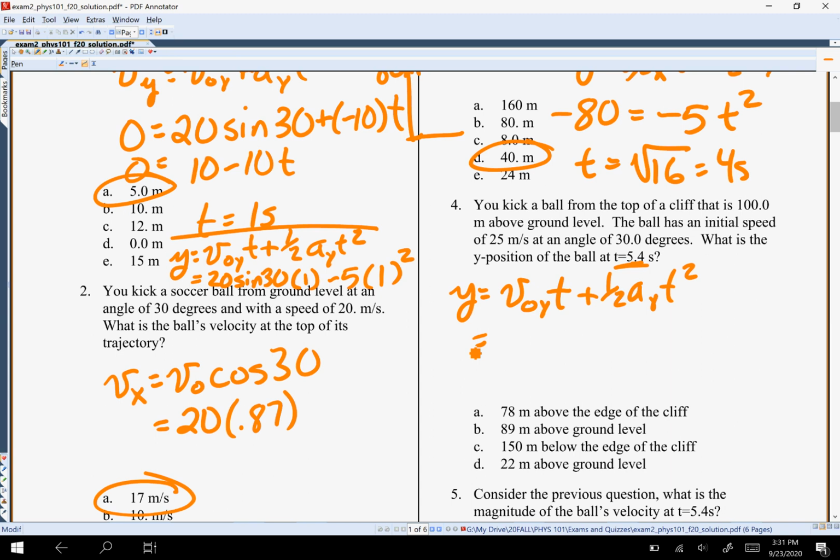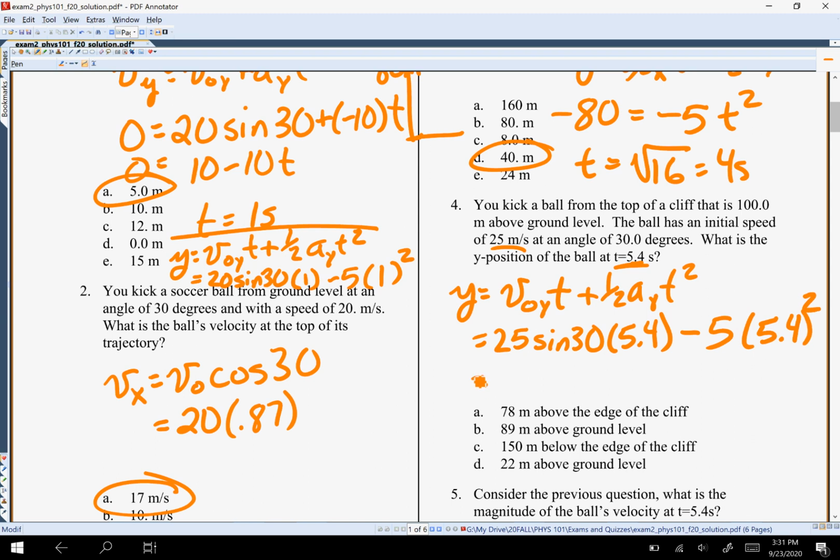So V naught y is 25 meters per second times the sine of 30, times t, which is 5.4, minus 5, that's half of negative 10, times 5.4 squared.